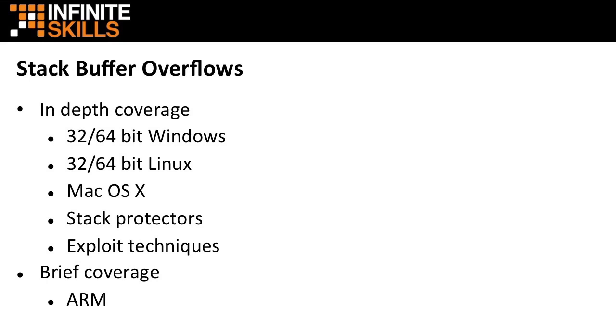We will talk about stack buffer overflows. These are some of the most common flaws that we find in applications. So we will talk about these on 32 and 64-bit Windows and Linux.